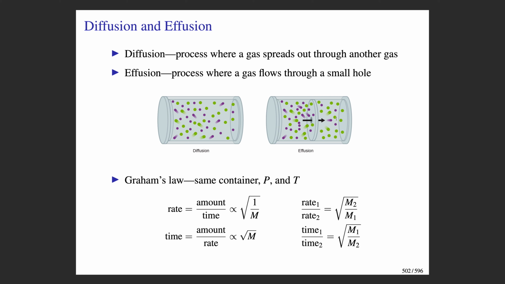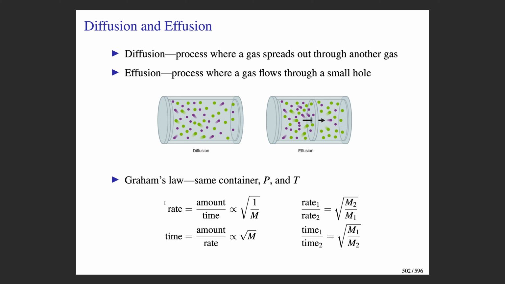So assuming that the containers that we're talking about have some value of pressure and temperature, the rate of effusion, which is defined as the amount of gas that passes through the pinhole in a given amount of time, that rate is proportional to 1 over the square root of the molar mass of the gas.